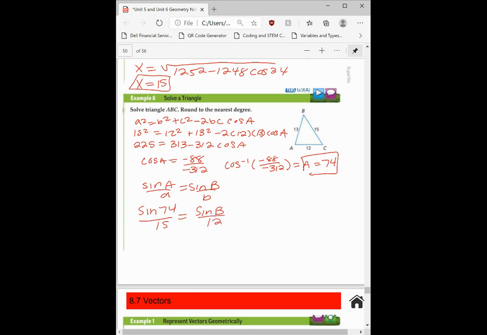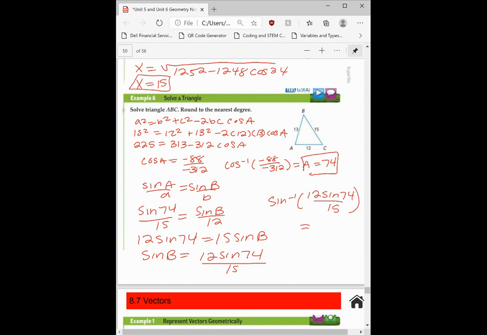I'm going to cross multiply, so I get 12 sine 74 is equal to 15 sine B. I'm going to divide by 15 to get sine B by myself. So I have sine B is equal to 12 sine 74 over 15. Then I'm going to do the arc sine of 12 sine 74 over 15. And when I type it into my calculator, I get 50.